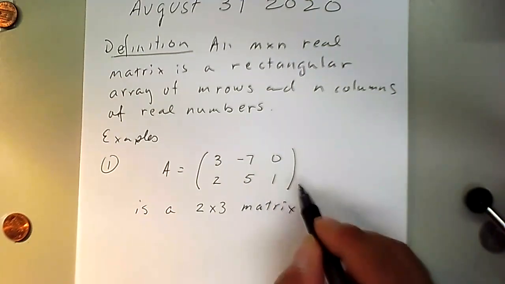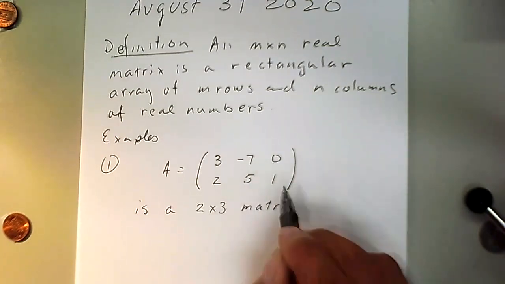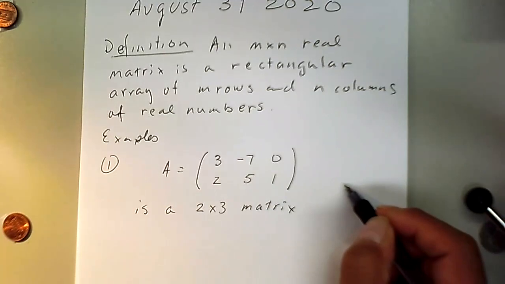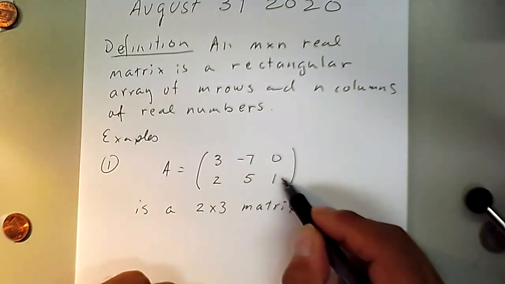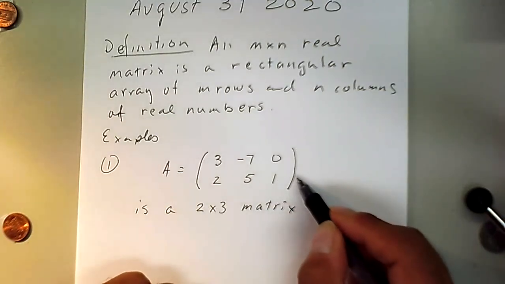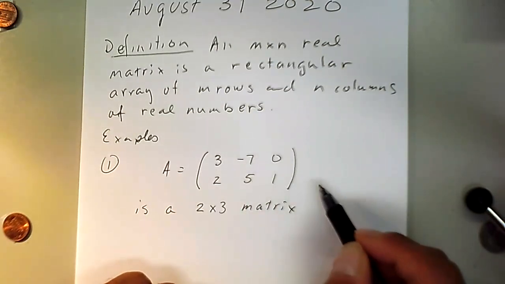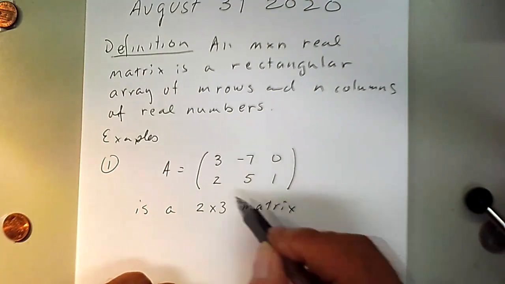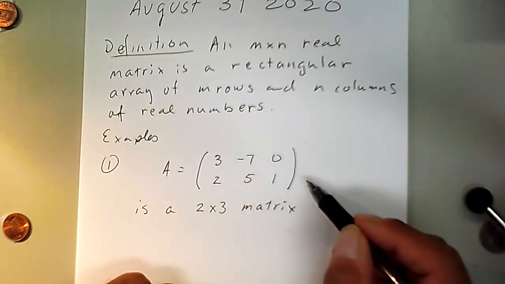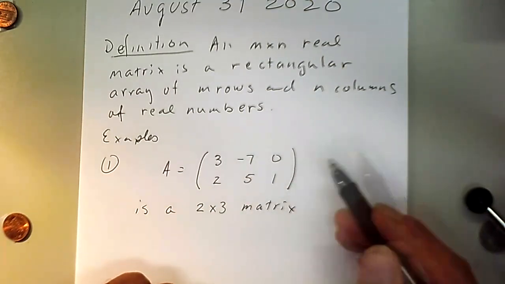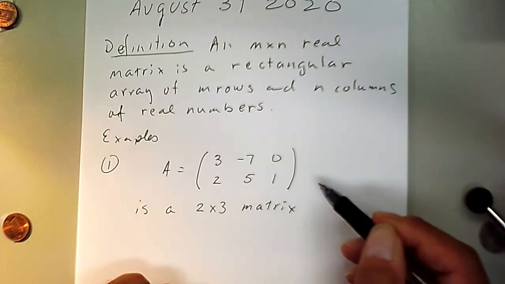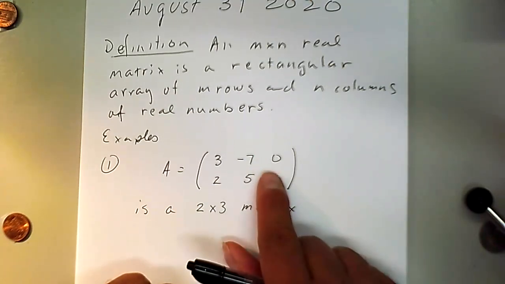If you're missing one entry, then you don't have a matrix. You can replace entries with variables. That is all right. But we have to have a rectangular array, and every part has to have something in it. If there was an empty spot here, that wouldn't be a matrix.